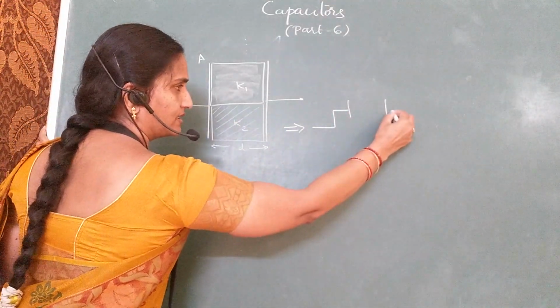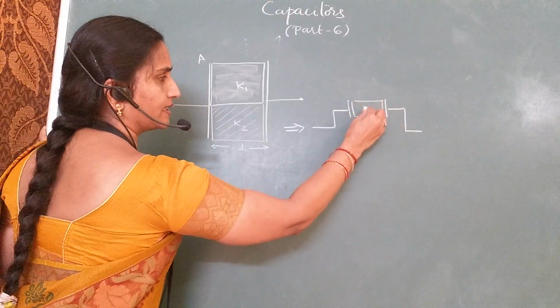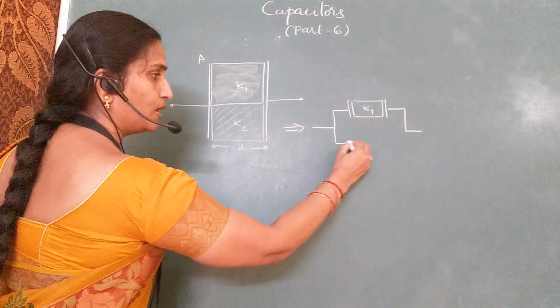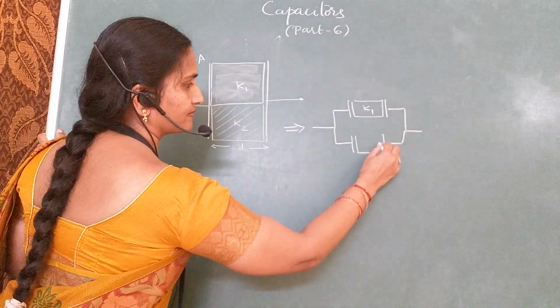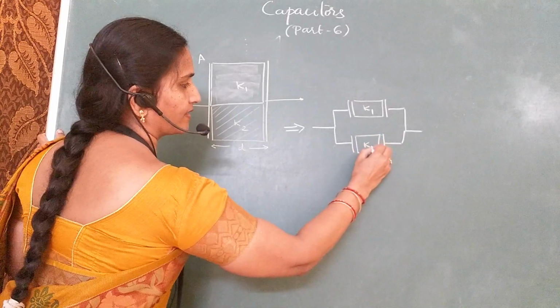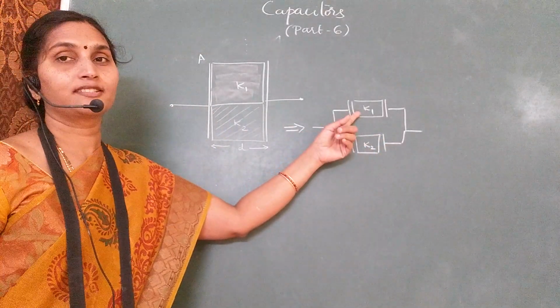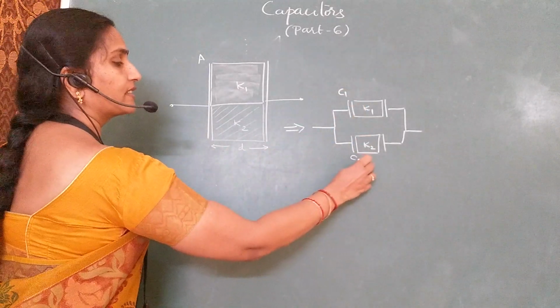This is one capacitor which is completely filled with a material of dielectric constant K1, and below this you have another material with a dielectric constant K2. So if I call this capacitance C1 and this capacitance C2, calculate C1 and C2.